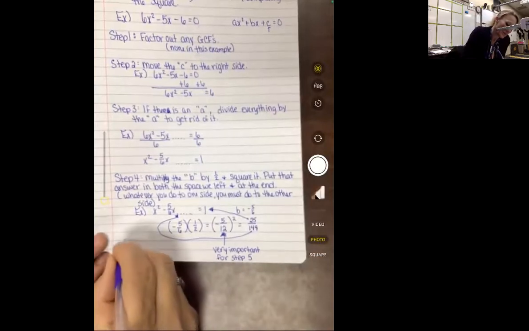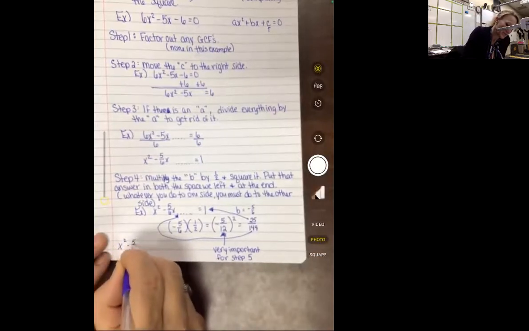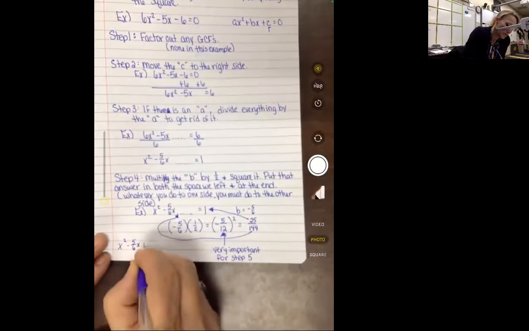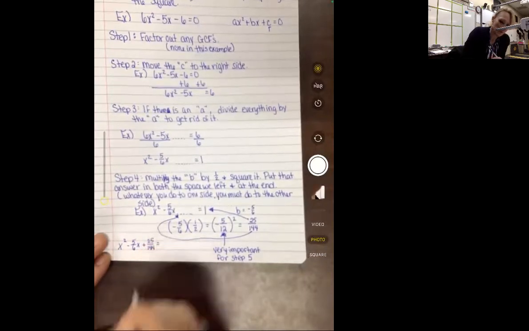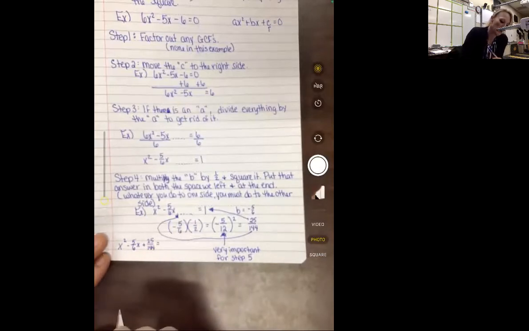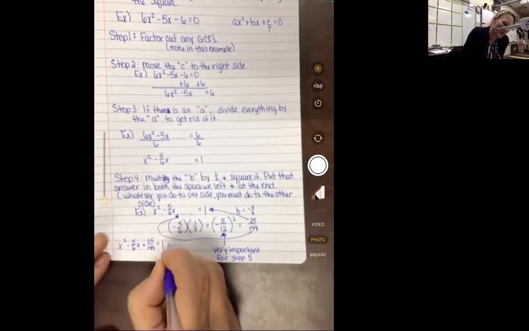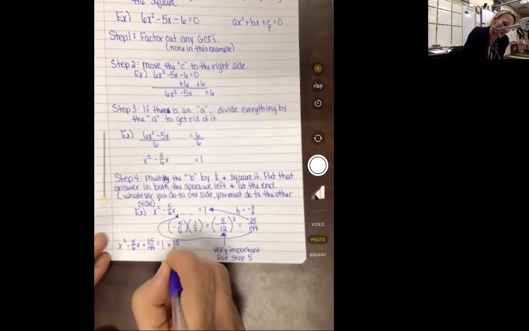So now we end up with x squared minus 5/6x plus 25 over 144. Again, don't worry about the fractions. They're going to come out nice and neat. Equals 1 plus 25 over 144.